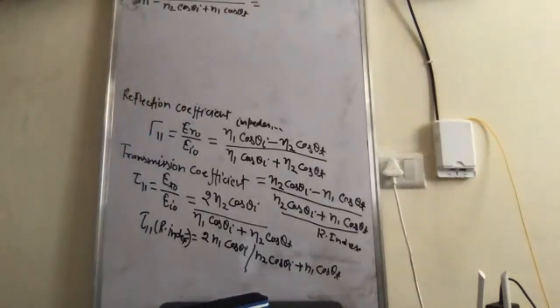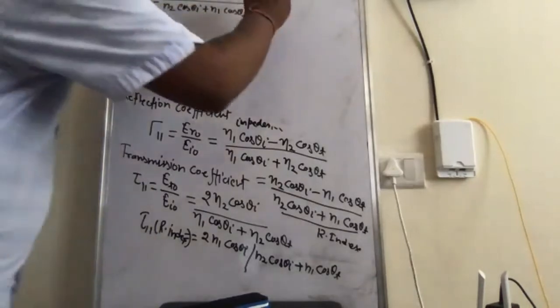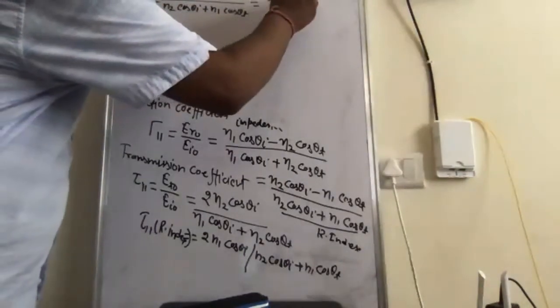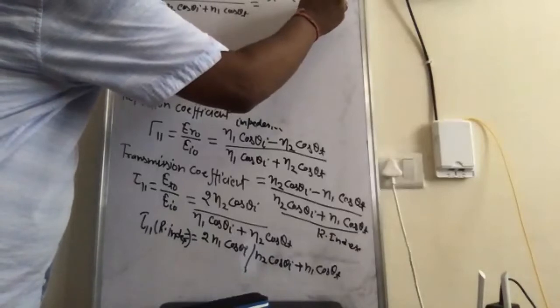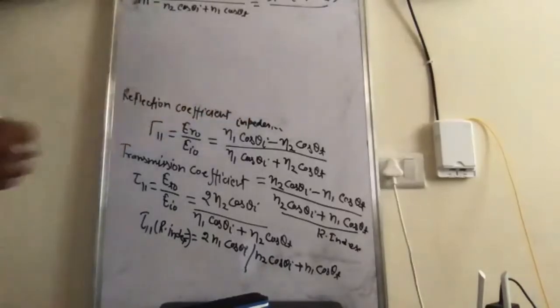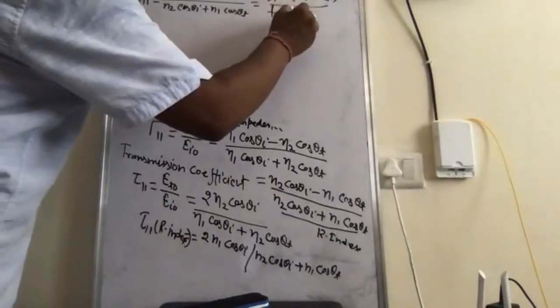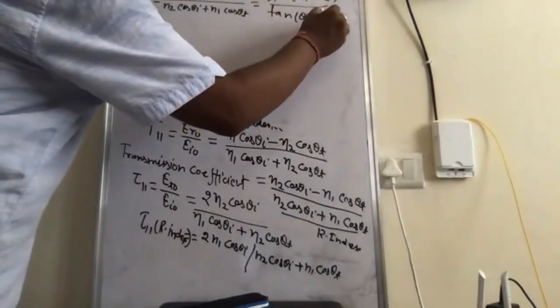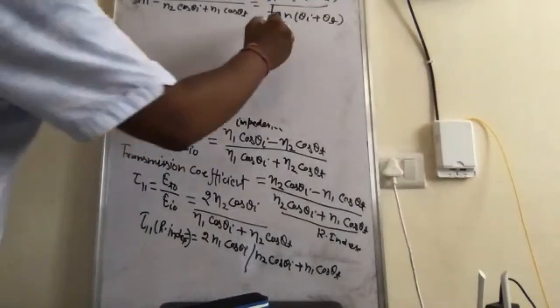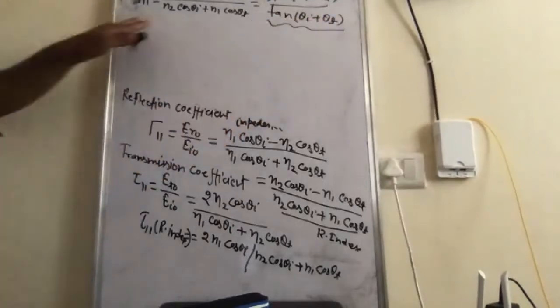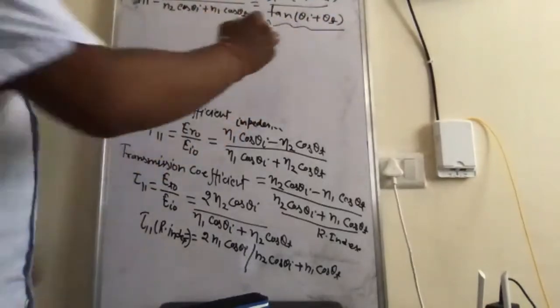This is equal to tan of theta I minus theta t divided by tan of theta I plus theta t. So can you derive from this to this?